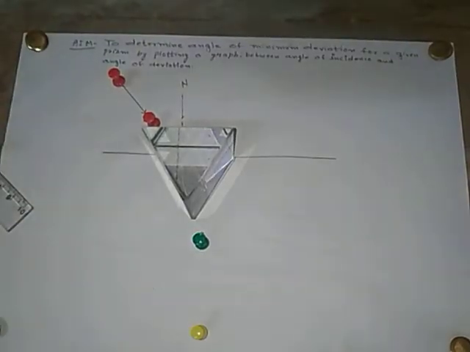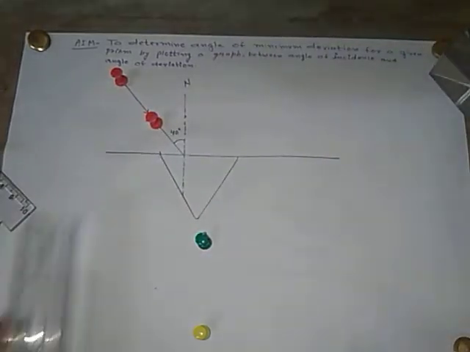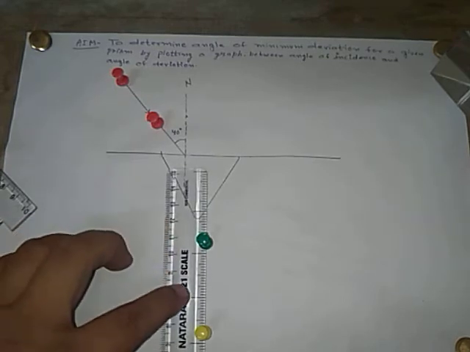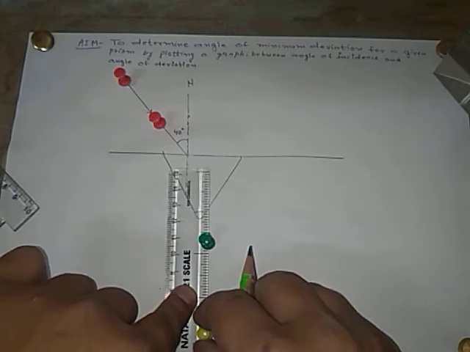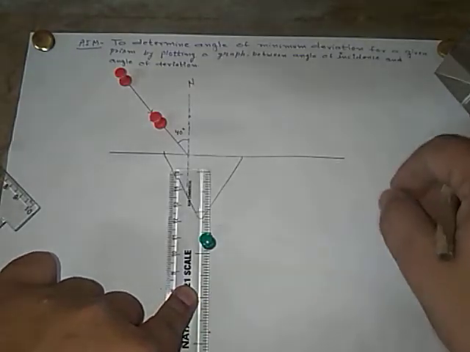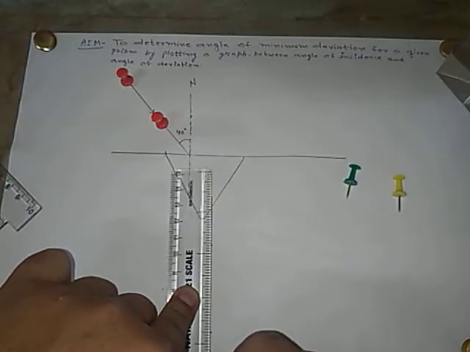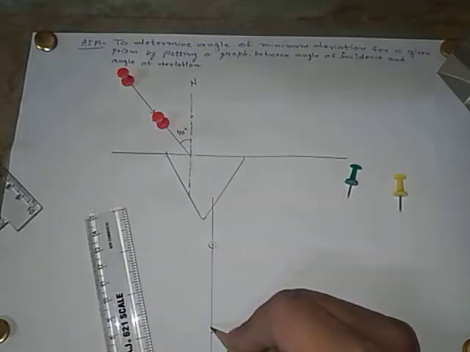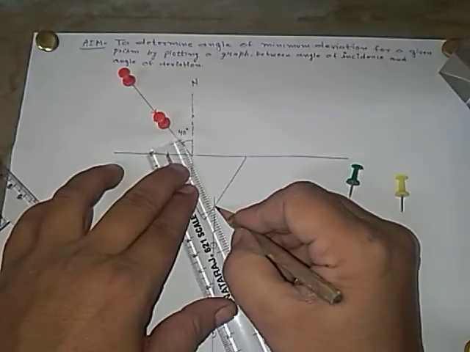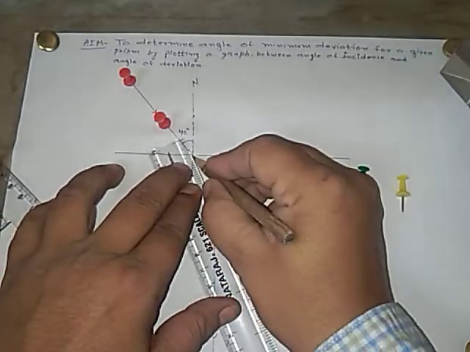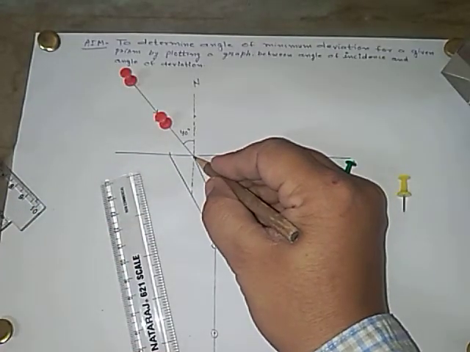Now we can remove this prism and, putting a scale in this way and removing these pins, draw a line which is the emergent ray. Now we can join this point with the previous one.